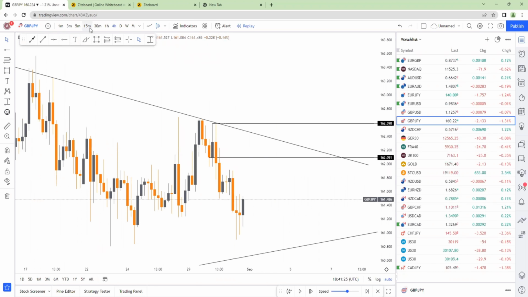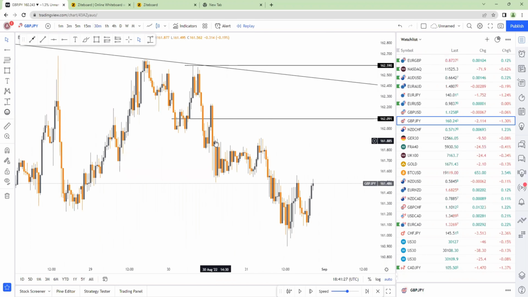So this will be considered as our point of interest for us to enter the market. Let me check. Stop loss 10 pips, not bad.